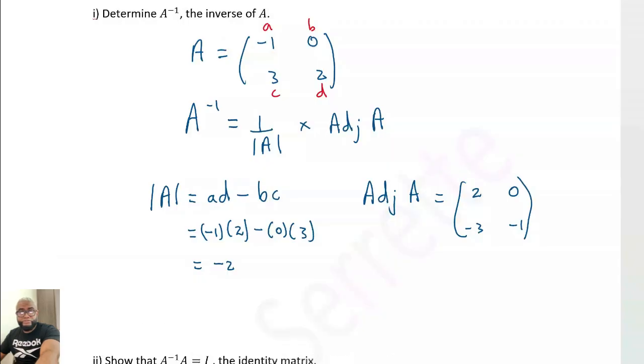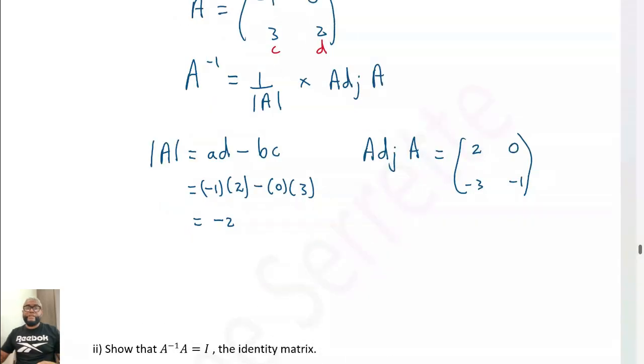So the inverse of A, which is A^-1, will be equal to 1 over the determinant. What is the determinant of A? -2. Everybody with me there? Multiplied by the adjoint. I'm not going to put the multiplication sign because it is understood. What is the adjoint of A? Call it out for me.